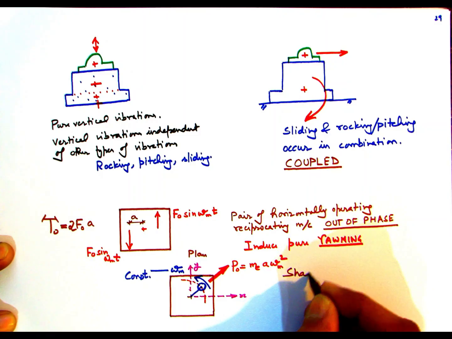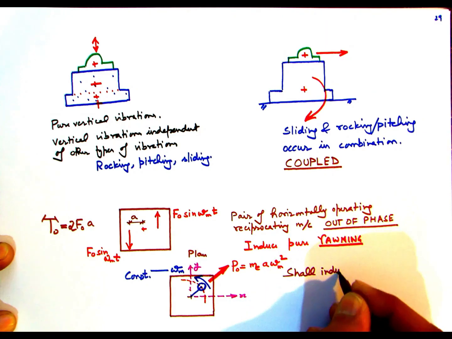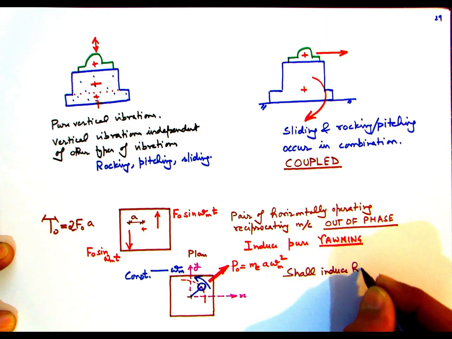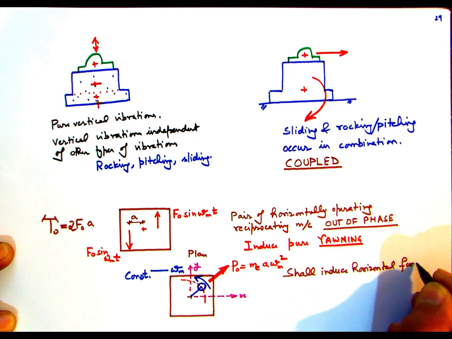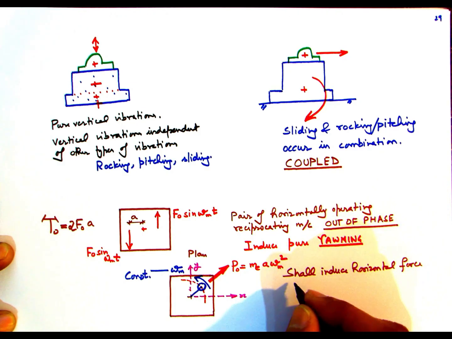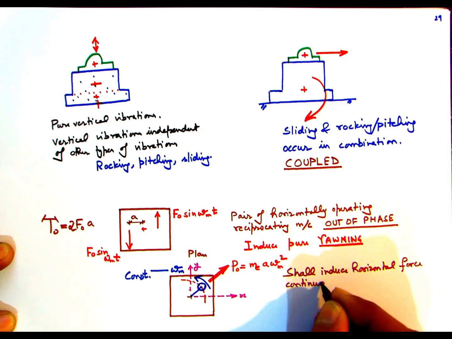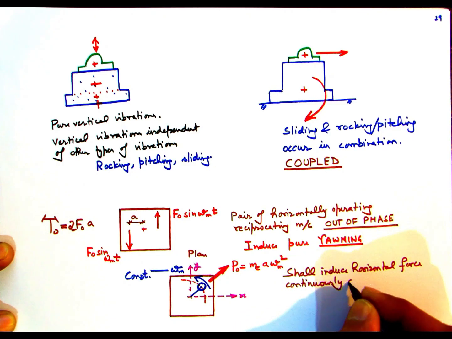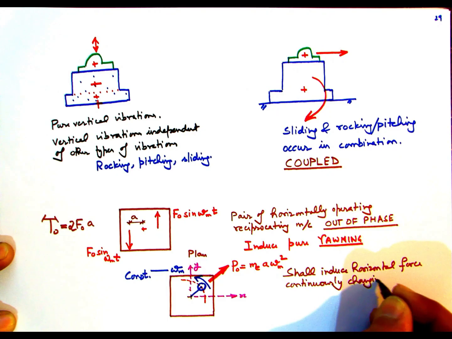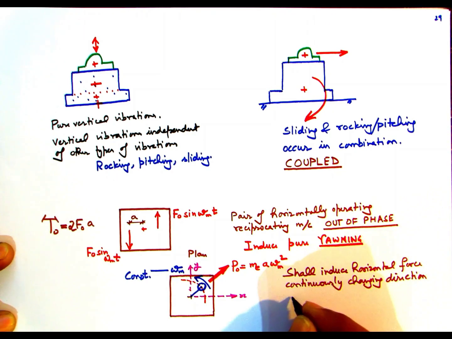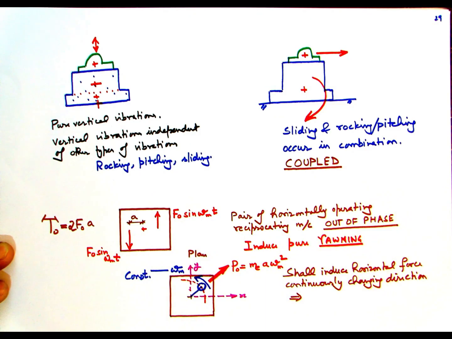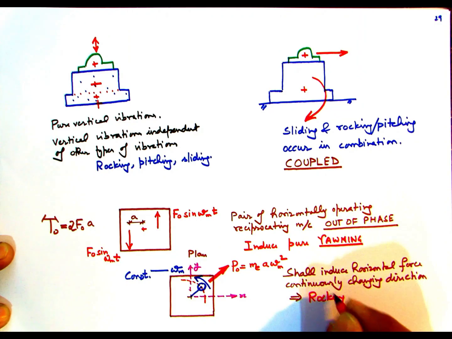Now the direction of the force is continuously changing in the horizontal plane. So as such, this action is producing horizontal forces in both the x and y direction simultaneously. So basically the effect would be that it will produce sliding coupled with both rocking and pitching. However, this will not induce any yawing.